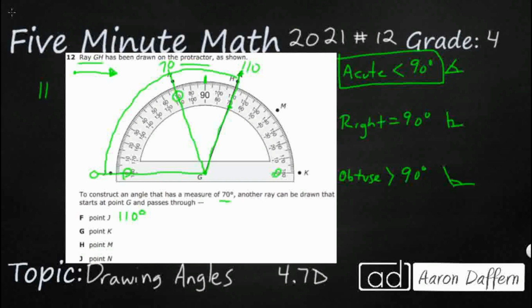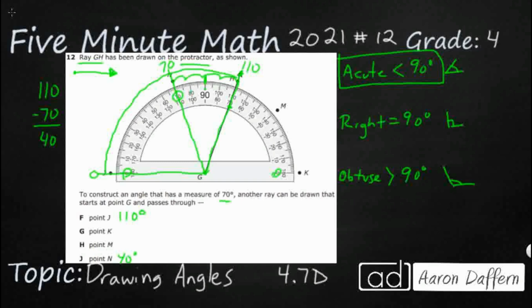So I've got 110 and 70, and that's going to get me 40. You could also just kind of skip count like 10, 20, 30, 40. You just count by the tens you see right up there. So that is going to be my point N, and that is 40 degrees. So it's an acute angle, but not quite what we're looking for.